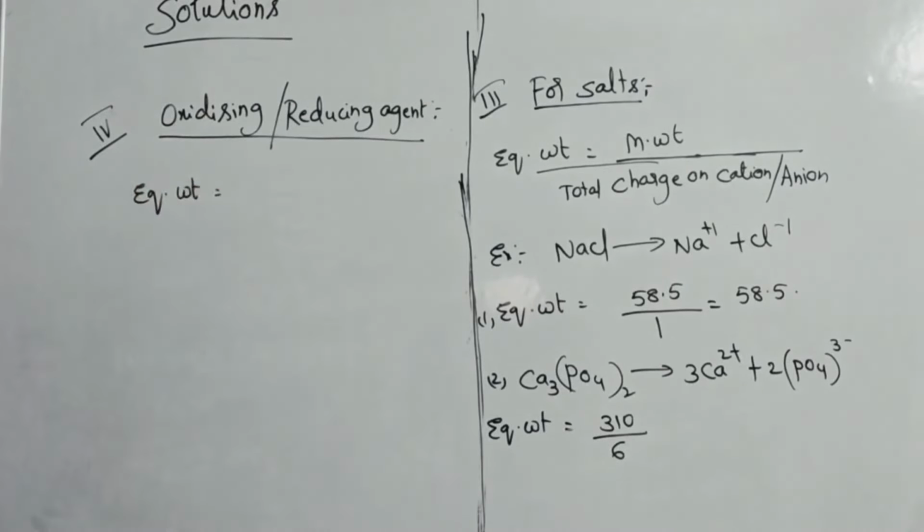Suppose if NaVa is greater than NbVb, then the solution is said to be acidic. Okay, if NaVa is greater than NbVb, then after neutralization the solution is what?